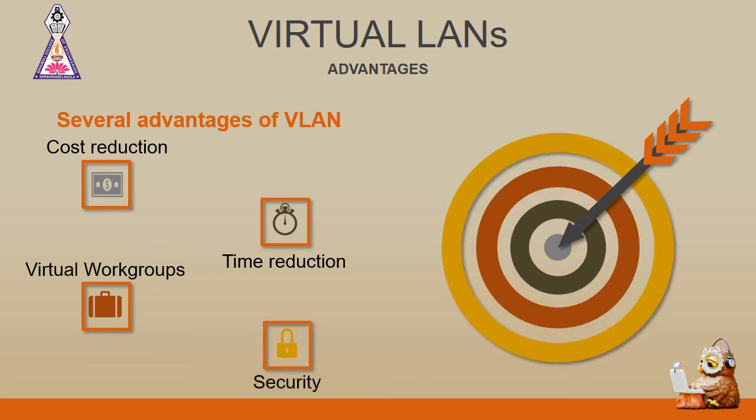And the last one is in terms of security. Virtual local area networks take extensive measures for security. The people belonging to the same group can send the broadcast message with a guarantee that users in the other groups will not receive this message.